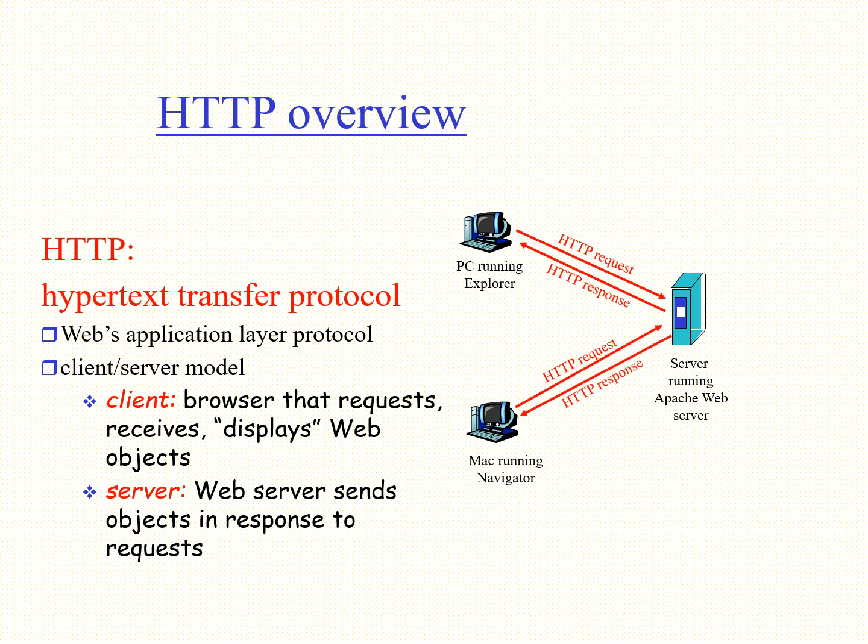In the case of a web application, the client means a browser that requests, receives, and displays web objects. Then the server is the entity which sends objects in response to the client request. So this is the basic architecture of client-server. We have a web server which is always providing resources to the requesting clients.